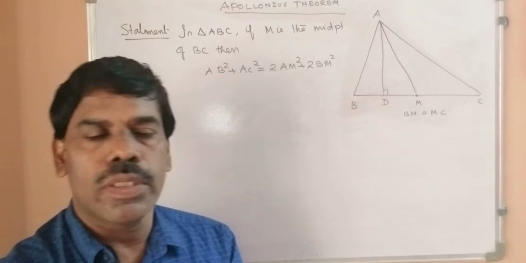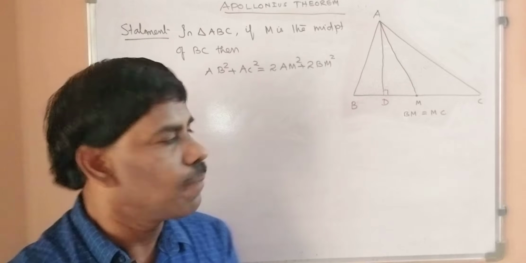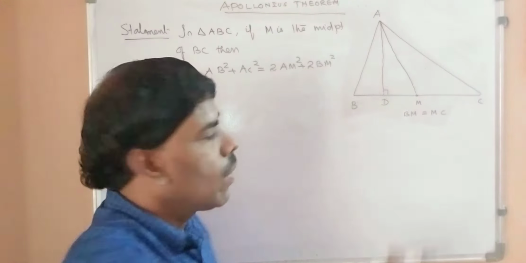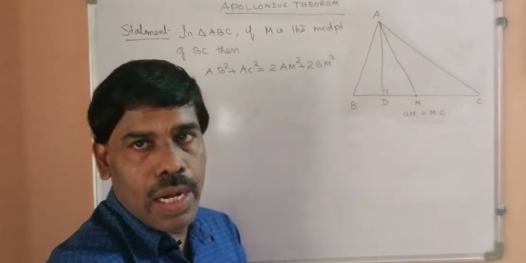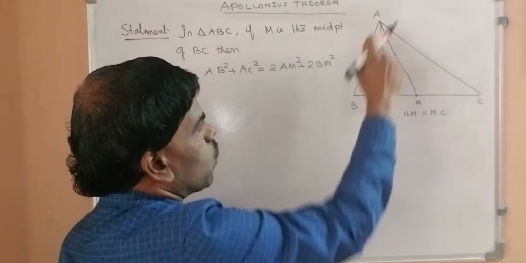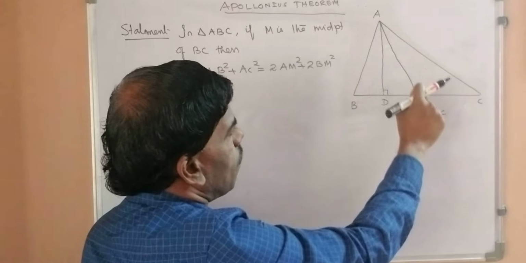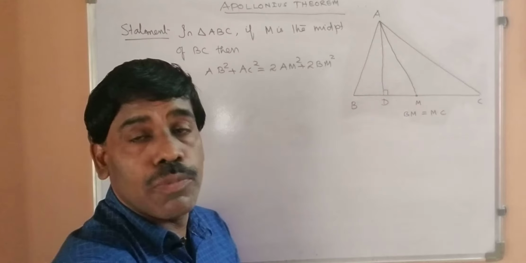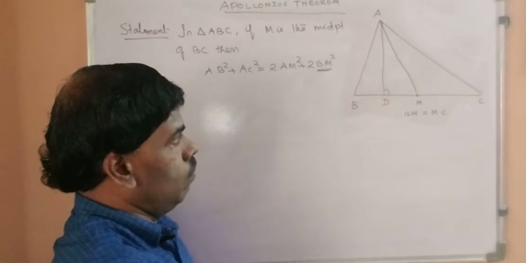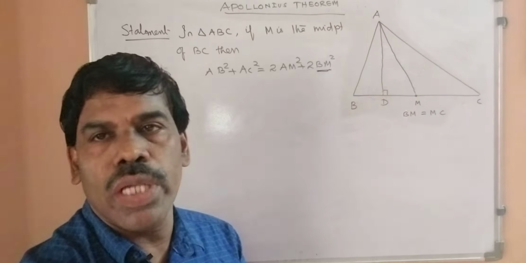Listen very carefully. This is one of the important theorems which everyone should know without any doubts. If ABC is a triangle and AM is the median, then AB square plus AC square equal to 2 times AM square plus 2 times BM square, or here you can write CM square also, because both BM and CM are equal.